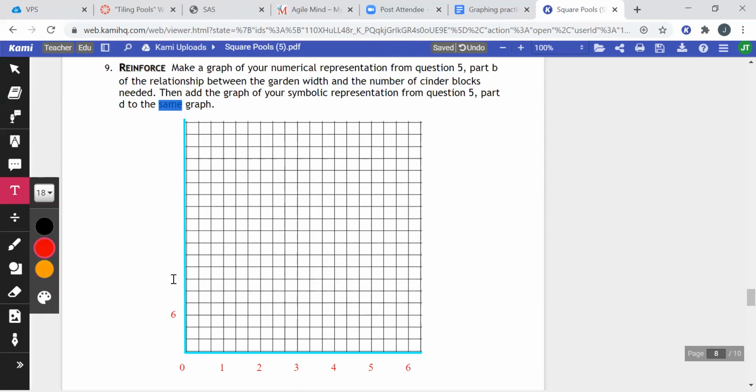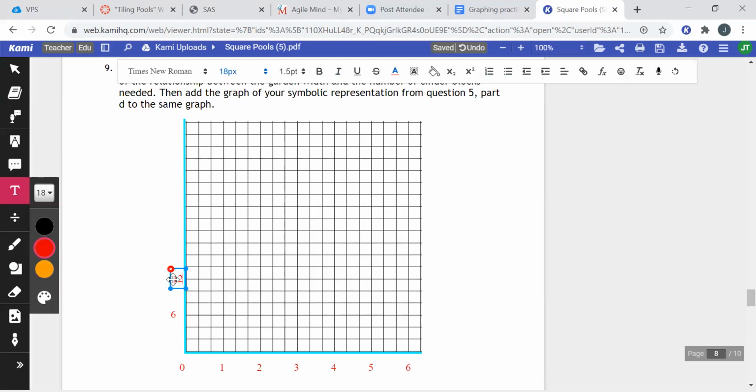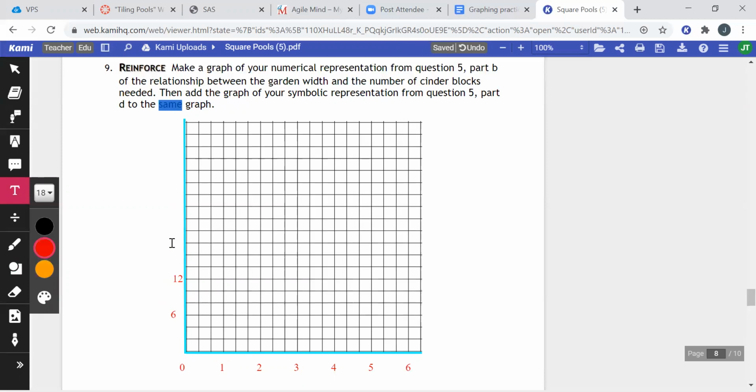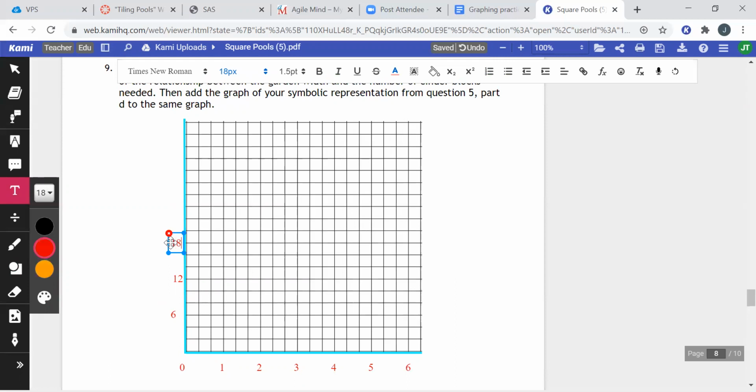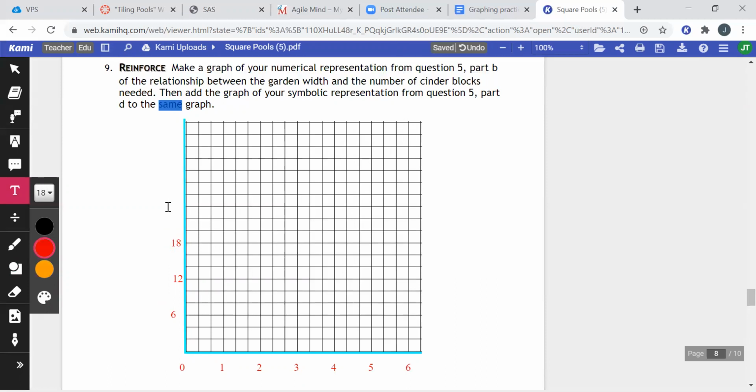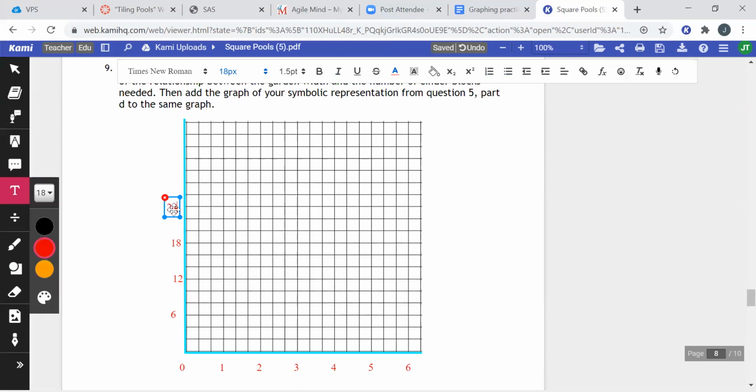That's 12. 1, 2, 3. That's 18. 1, 2, 3. That's 24. 1, 2, 3. So I'm really making every square be 6, if you notice that.